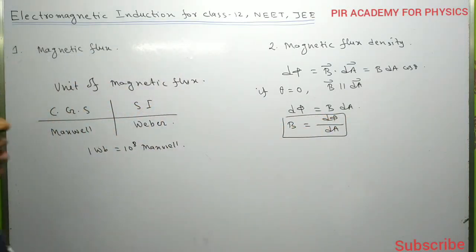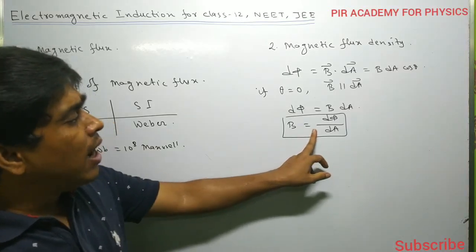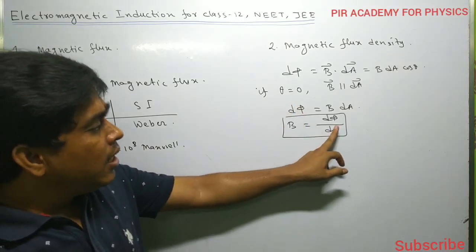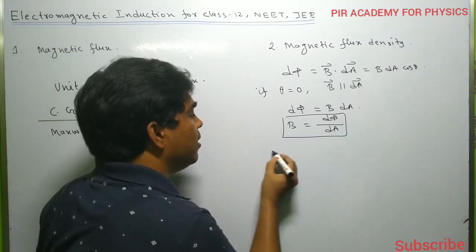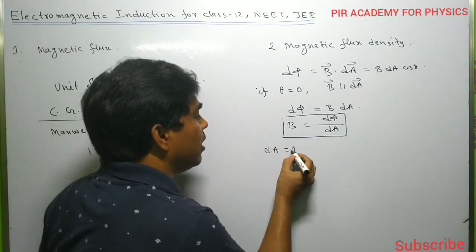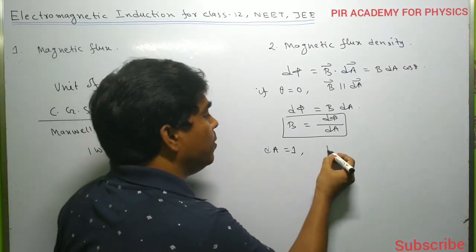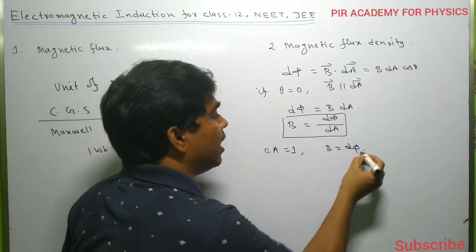What is magnetic flux density? If I place a unit area, that means dA is 1 unit area, then B will be d phi.